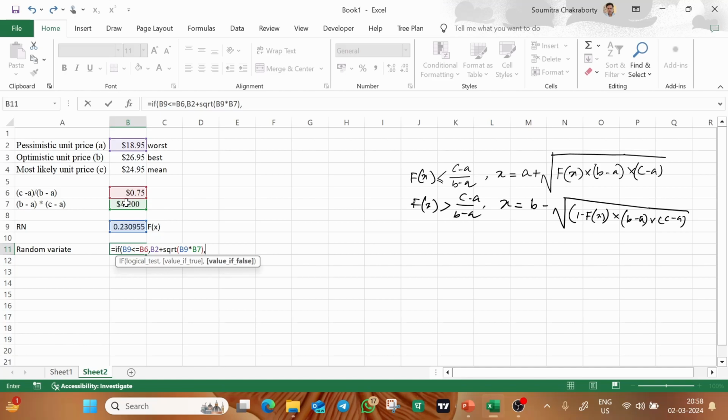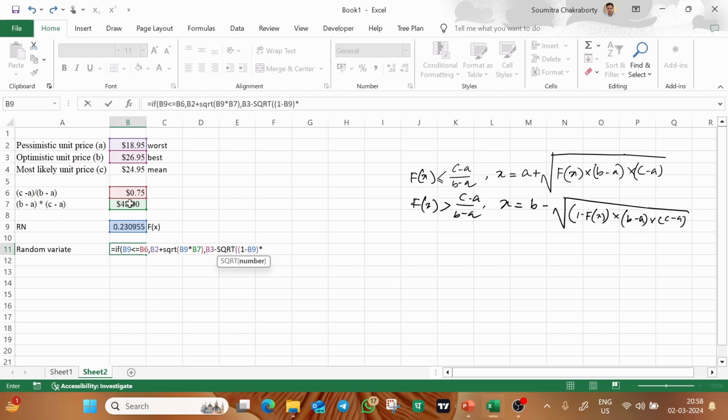And if not, that means if fx is not less than or equal to c minus a by b minus a, that means it is greater than that, then what is x? X is equal to b minus square root of 1 minus fx, that means 1 minus this random number, into b minus a into c minus a.